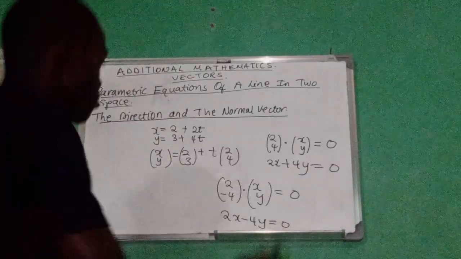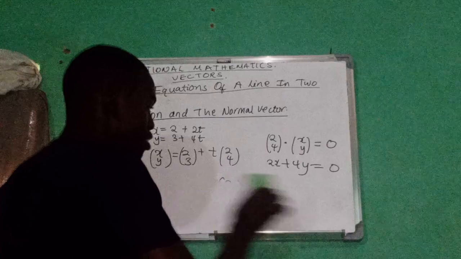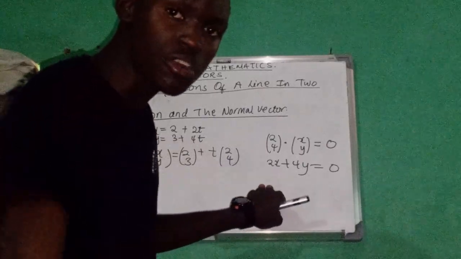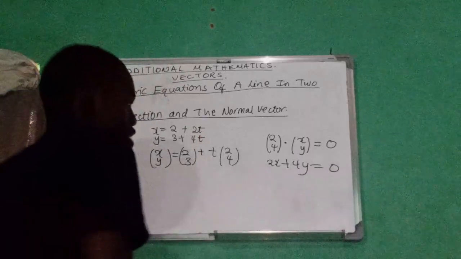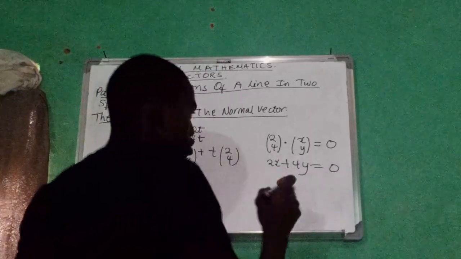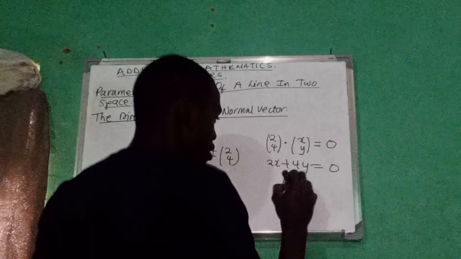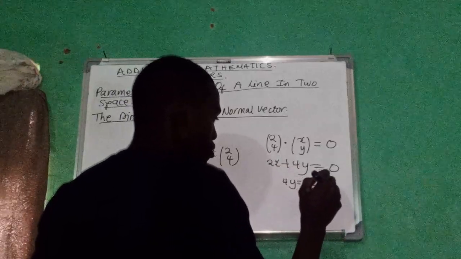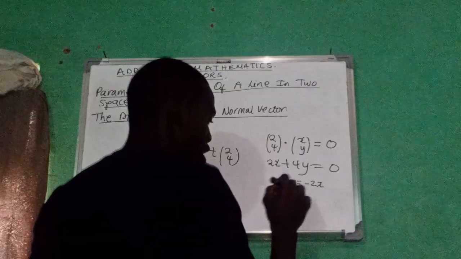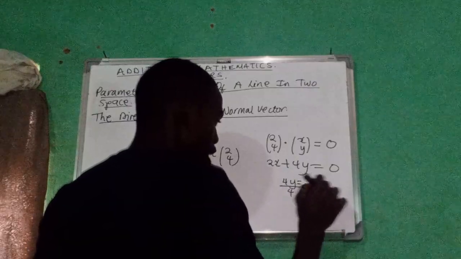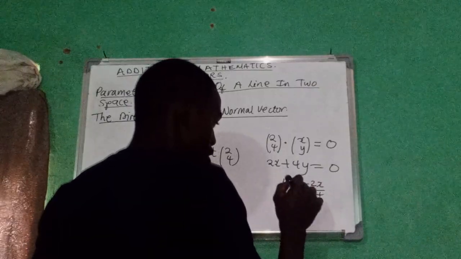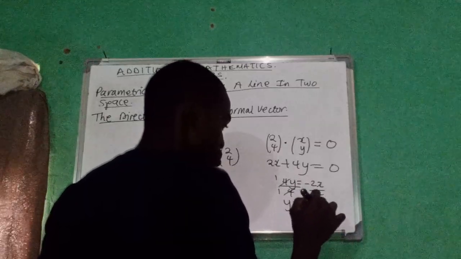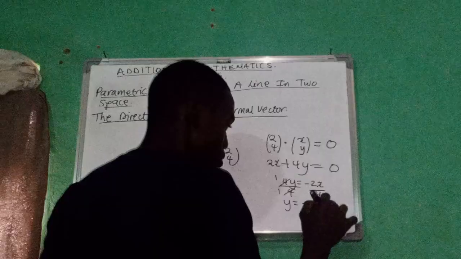So here, this is almost in the slope-intercept form, or the gradient-intercept form. This means that 4y is equal to negative 2x. We divide both sides by 4. Y is equal to negative 2 over 4 of x.